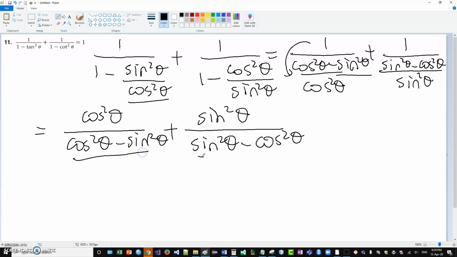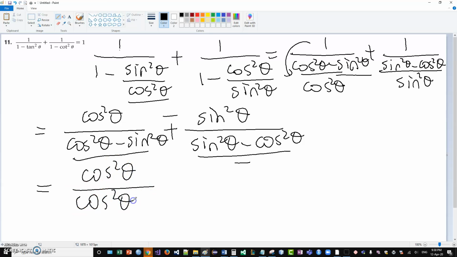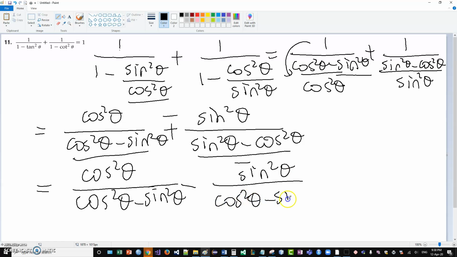Now these two denominators are the opposite of each other, so we can multiply this by minus and minus, which makes it cosine squared theta over cosine squared theta minus sine squared theta, minus sine squared theta over cosine squared theta minus sine squared theta.